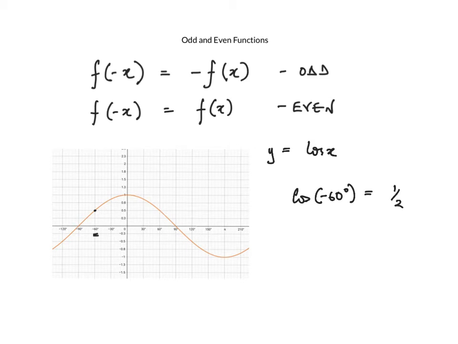And lo and behold, it's exactly the same value as cos of 60 degrees. So here we have an instance of an even function where cos of negative x equals cos of x. So the cosine function is an even function.